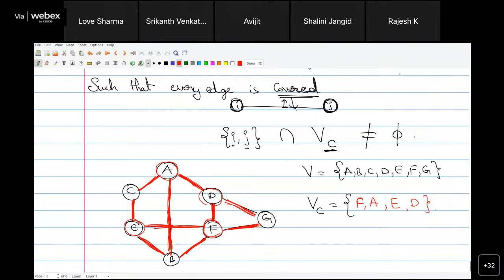Once you take one vertex, you are covering its incident edges, and every edge needs to be covered. So this is a vertex cover. This vertex set is a vertex cover, and it is the minimum vertex cover, since we have used only 4 vertices. I will show you one more vertex cover where you might go wrong. I will start with D.